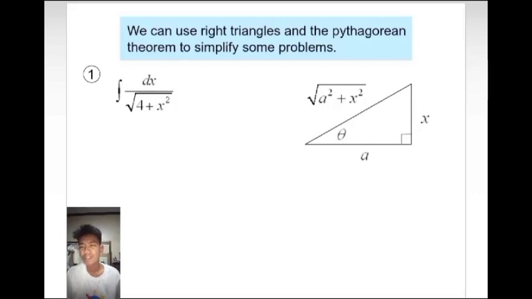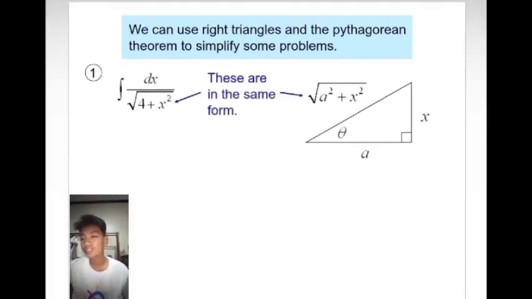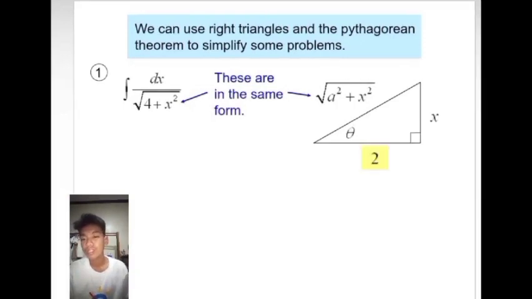As you can see, we have the right triangle here at the right side of our screen. It represents the Pythagorean theorem. It has a hypotenuse, adjacent, and the opposite. As you can see, the denominator of our given function and the hypotenuse of our right triangle are in the same form. Now, we can use the Pythagorean theorem.